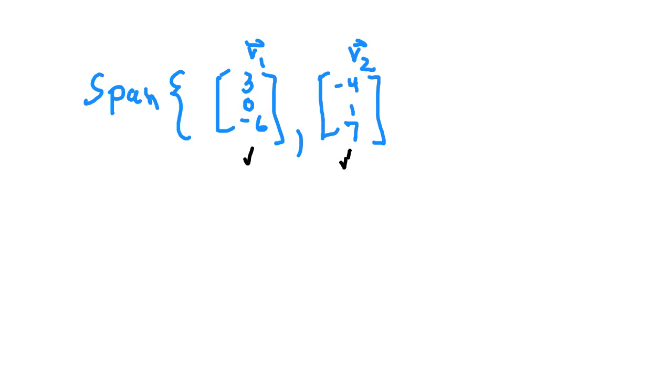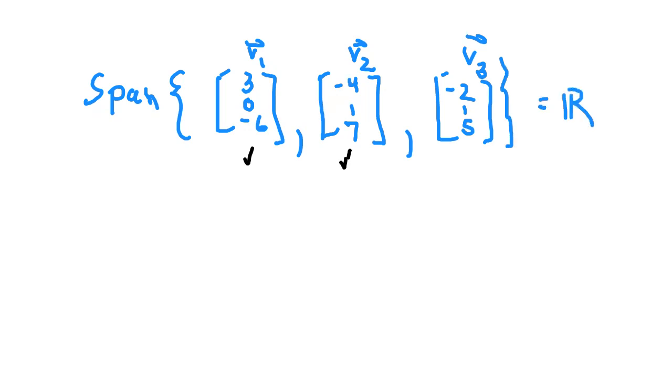The span of the vectors V1 and V2, can it equal all of R3? No. The span of V1 and V2 would be a 2-dimensional subspace of R3. To get the 3-dimensional subspace, you have to add a 3rd vector. And if the 3rd vector is linearly independent from the first 2 vectors, then the span of those 3 vectors will equal R3.